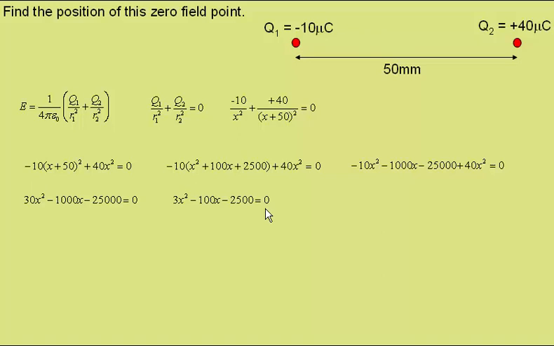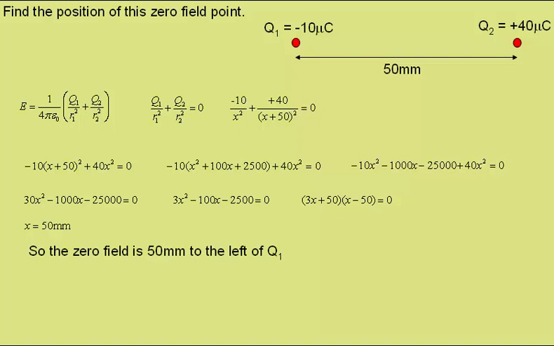We can now solve this to get 3x plus 50 times x minus 50 equals 0. 3x plus 50 is going to give a negative term, putting the position here somewhere, which isn't possible. So what we want is x minus 50 equals 0, so x equals 50 millimeters. So the 0 field will be 50 millimeters to the left of Q1.